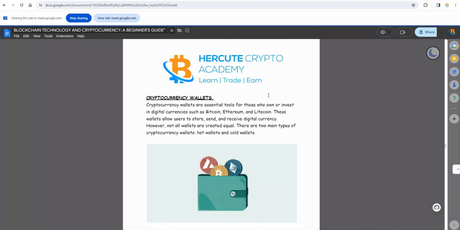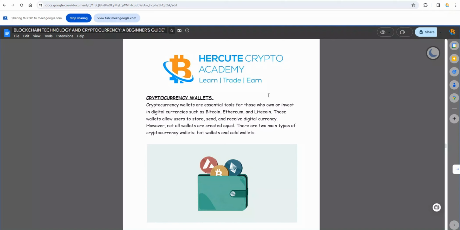Now, cryptocurrency wallets are essential tools for those who own or invest in digital currencies such as Bitcoin, Ethereum, and Litecoin. These wallets allow users to store, send, and receive digital currency. However, not all wallets are created equal. There are two main types of cryptocurrency wallets, and these are named hot and cold wallets.